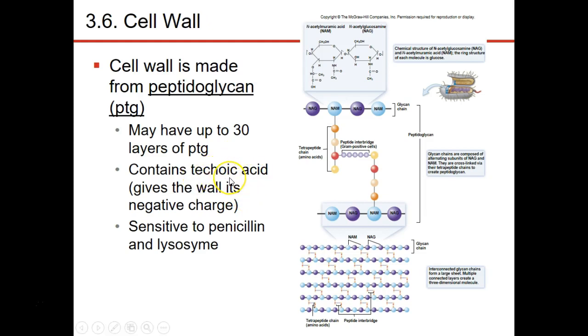They also contain teichoic acid within the peptidoglycan, and this gives the gram-positive bacteria the negative charge that allows them to stain with those basic dyes. Peptidoglycan is actually produced during cell replication, and penicillin inhibits the production of peptidoglycan, and because of this, gram-positive bacteria are very sensitive to penicillin.